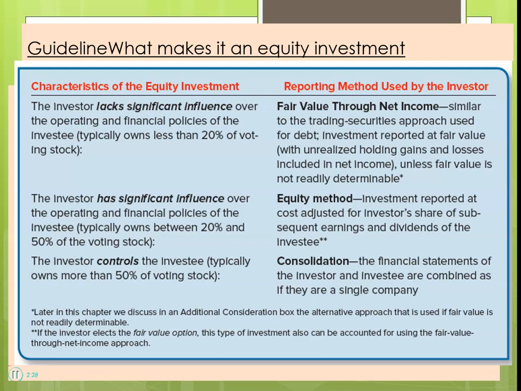Now, if the investor has significant influence over the operation, they own between 20 and 50%, they have to use the equity method unless they elect to use the fair value option. Again, it would go through net income. And then if we own more than 50%, we have to again do consolidated financials.